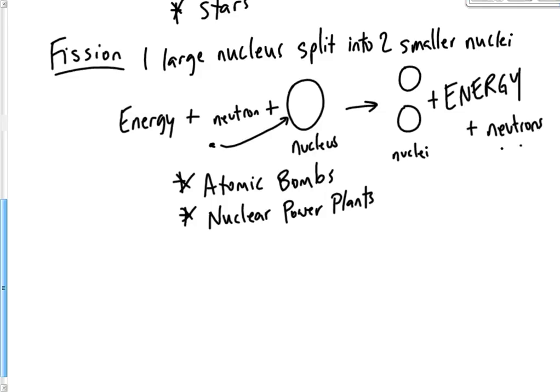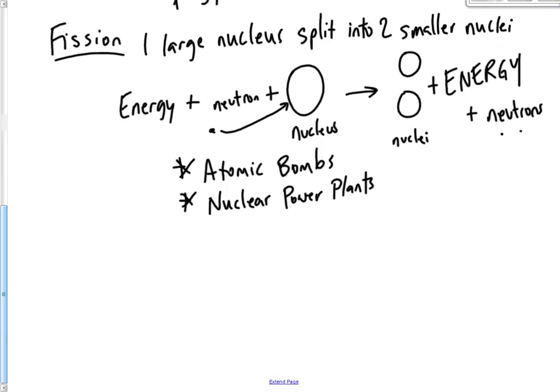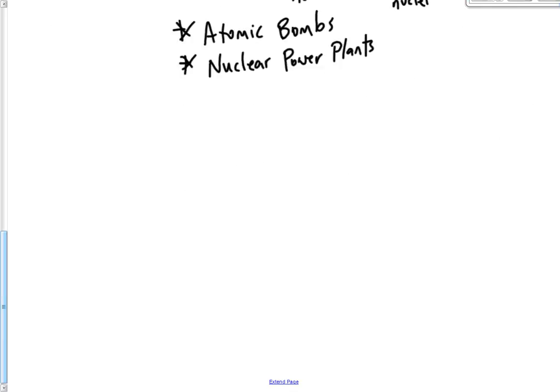That's just the difference. You really just need to know the difference between fission and fusion. I'm not going to ask you to draw this or anything. I just want you to know that fusion is putting two things together and fission is taking things apart, and maybe a couple of examples.